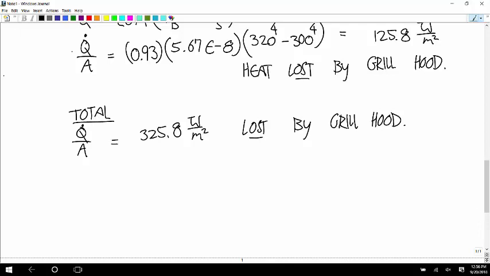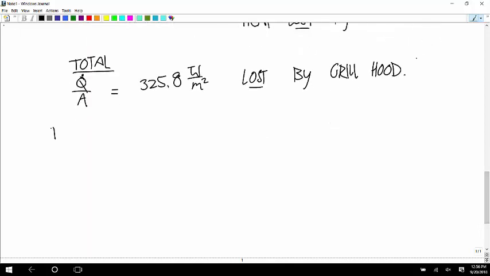Okay, so this is the differential form of the first law, number 3.